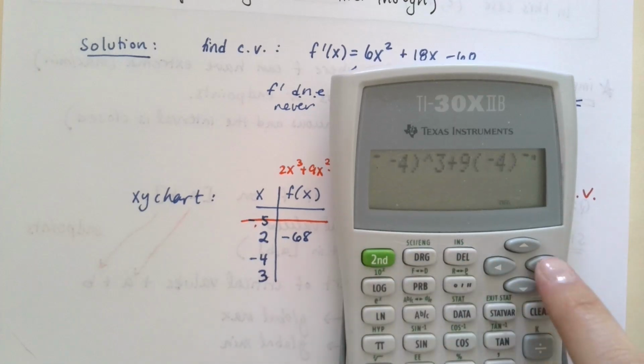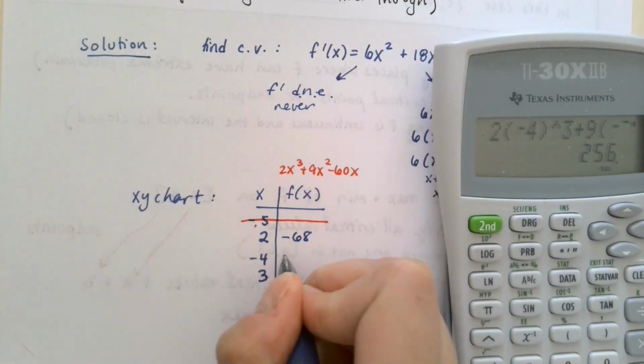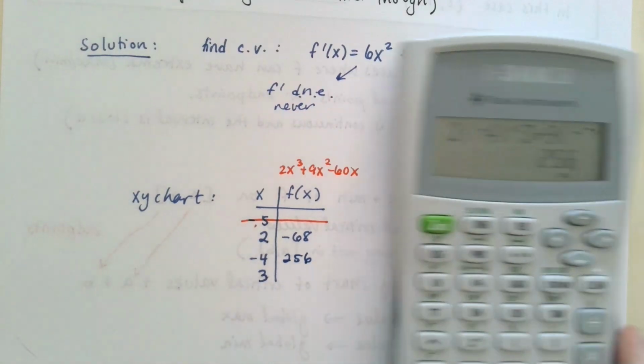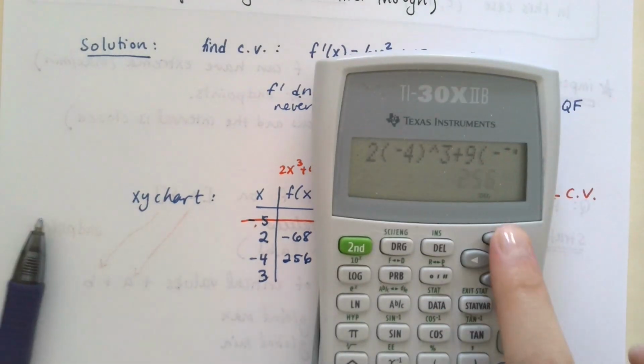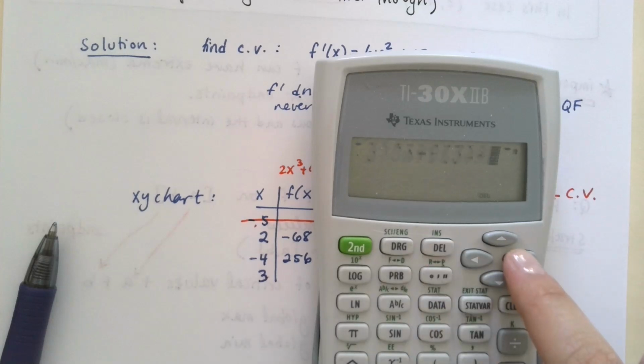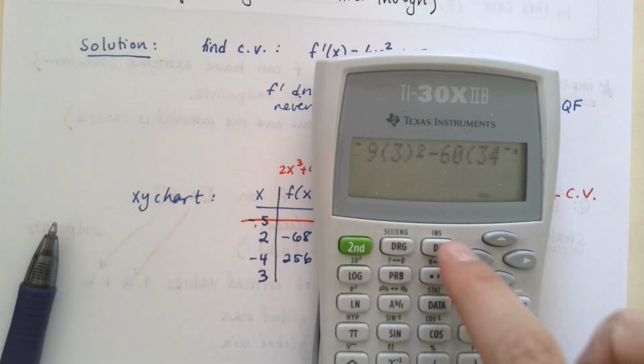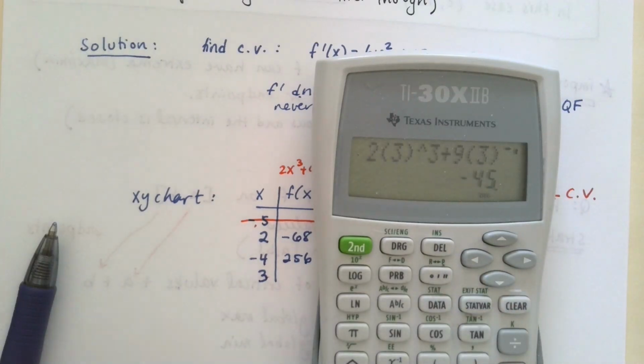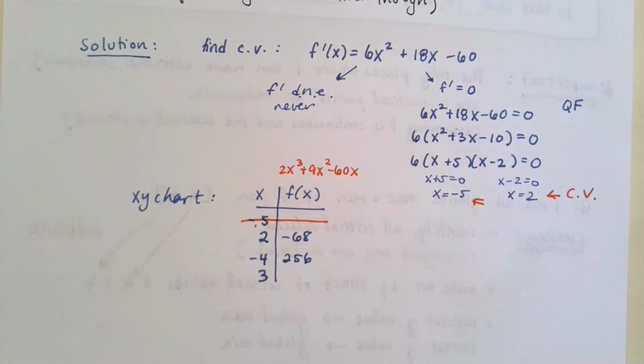And then here. And here. And I get 256. That's a big Y value. And we'll do this one more time with a 3 instead of the -4. And we get -45. Okay, so these are bigger, grosser numbers, but that's okay, the process will still work.